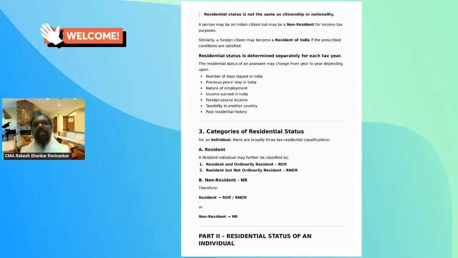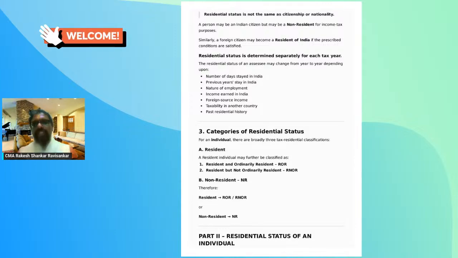Residential status is not the same as citizenship or nationality. It is only for determining the scope of taxability of income in the country. A person may be an Indian citizen but a non-resident for income tax purposes. Similarly, a foreign citizen may be a resident of India if the prescribed conditions are satisfied.